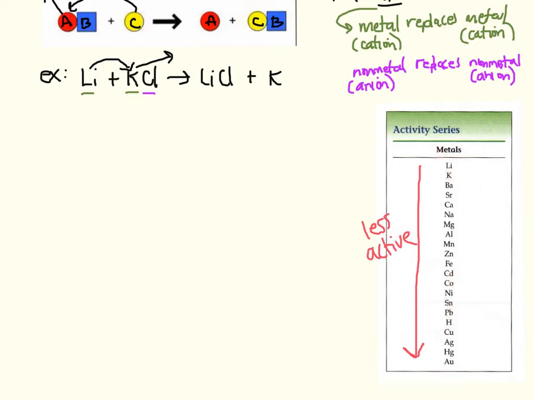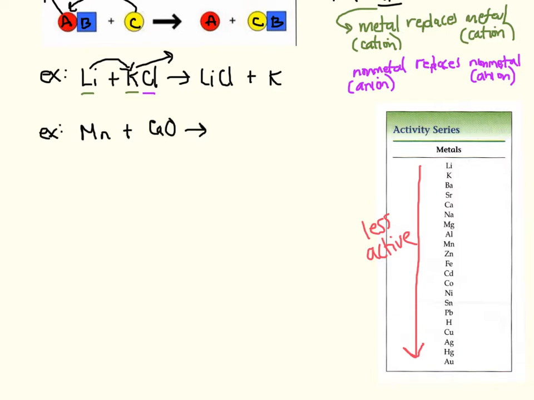So if you find lithium on the list, lithium is above potassium, which means that lithium is capable of replacing potassium in this compound. So an activity series is something that you will need to check prior to predicting the products of a single replacement reaction. Whatever the metal is that's the single metal, so in this case lithium, it can only replace anything below it, not the things above it.